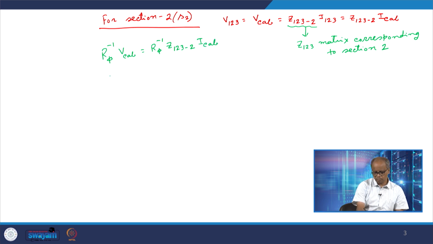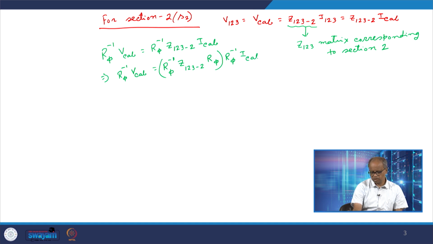Now I can write this as R phi inverse VCAB is equal to R phi inverse, then Z123-2 into R phi inverse into ICAB.